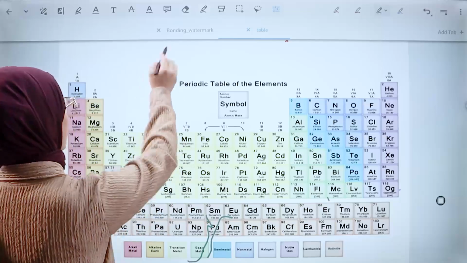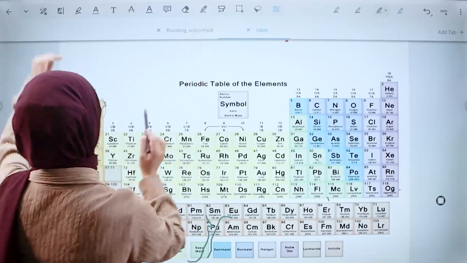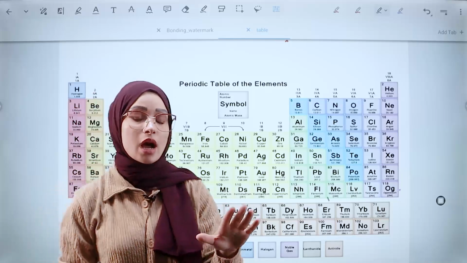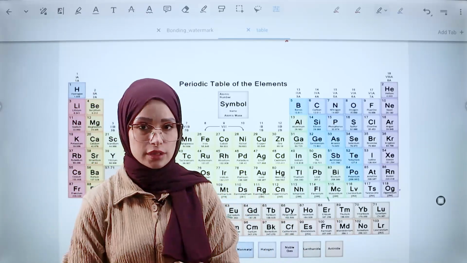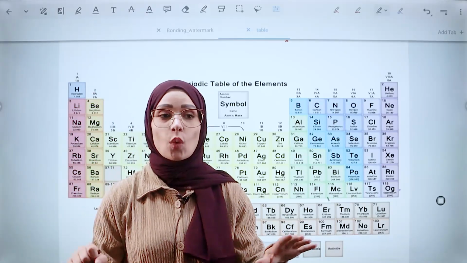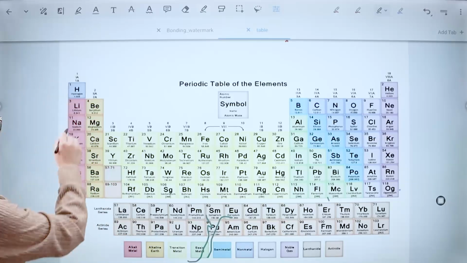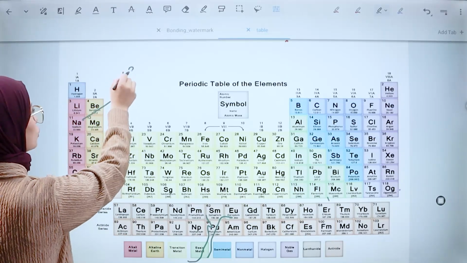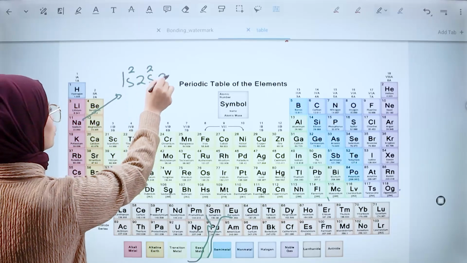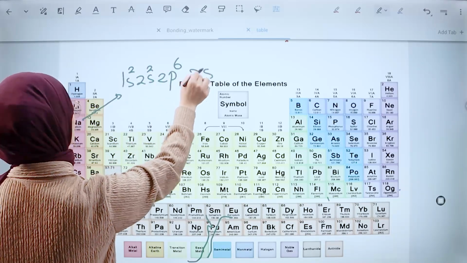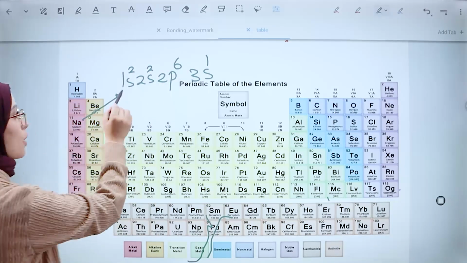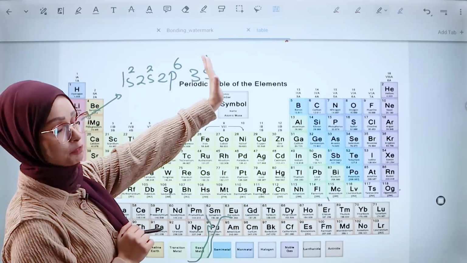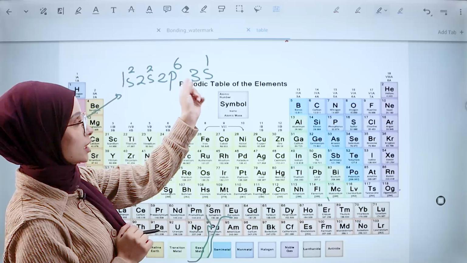Now, group number 1, it means they have 1 electron in the last orbital. Now, I want to make it 8 electrons in the last orbital. If you take, for example, the sodium here, the sodium has 11, so you would say 1s2, 2s2, 2p6, 3s1, right? Now, the last subshell is 3.